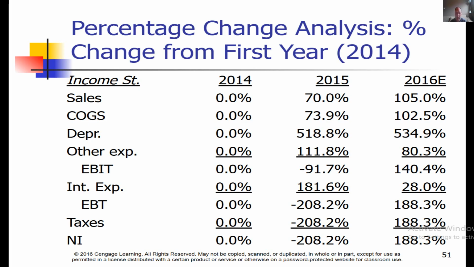But again, we are anticipating this expansion will make us profitable and compared to other companies in 2016, so we will get a massive increase in EBIT anticipated in 2016. This will then make us profitable, and we will go from a negative net income to a positive net income with a huge increase in earnings before tax, taxation, and net income in 2016.